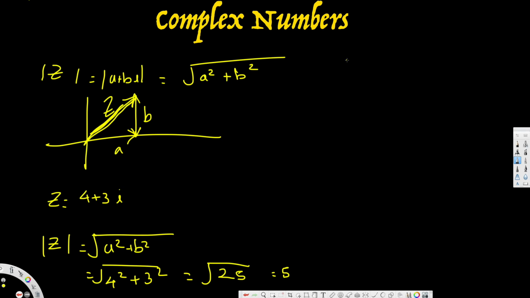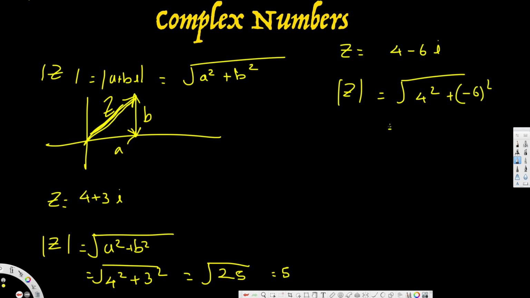Now let's look at some more examples. Let's say we have z equal to 4 minus 6i. Here we know that a is 4, so 4 square, and b is negative 6, so negative 6 square. 4 square is 16, negative 6 square is 36, and 16 plus 36 is equal to 52.